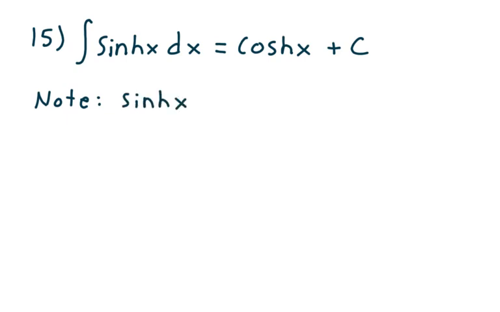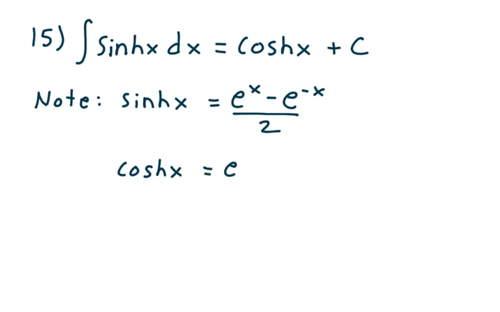Hyperbolic sine of x is e to the x minus e to the negative x divided by 2. Hyperbolic cosine of x is e to the x plus e to the negative x divided by 2.